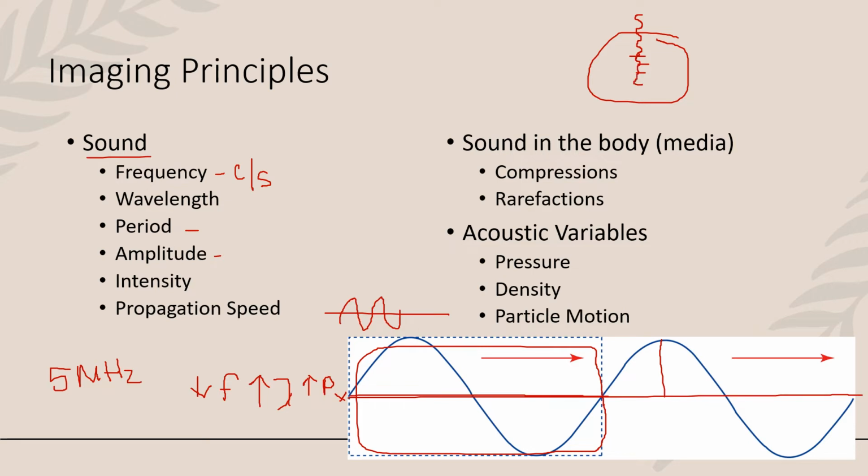Usually those tissue interfaces are not going to reflect the entire sound wave, but rather reflect parts of the sound wave and let other parts continue. As we have some sound waves reflected, the amplitude or the intensity of the remaining sound waves is going to decrease. So that's something we watch very closely.